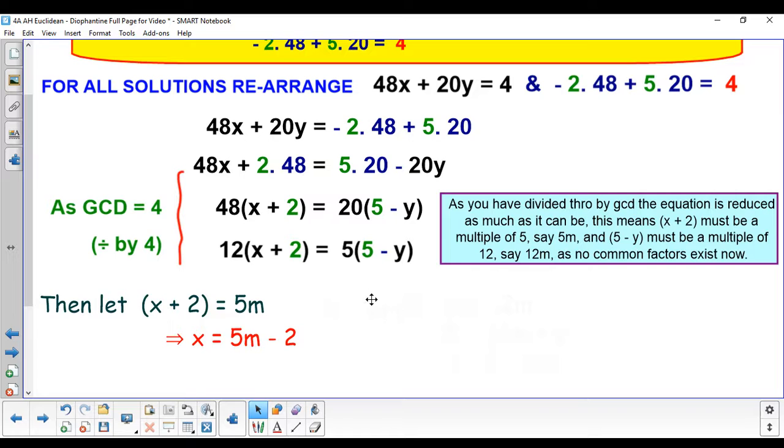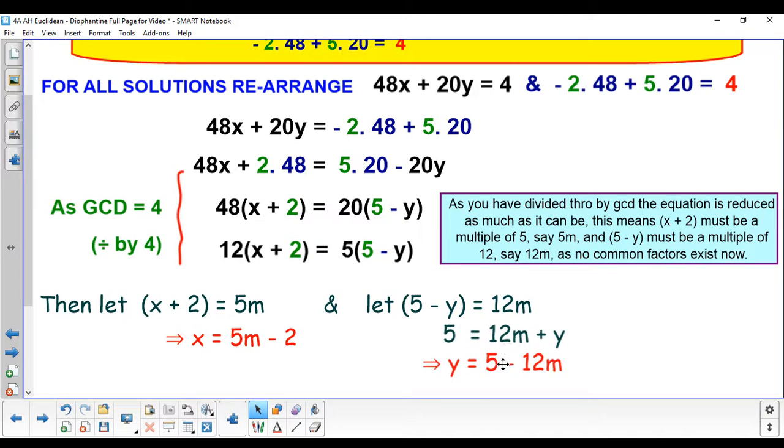And then if we have 5 take y is worth 12m, then minus y would be 12m take 5, or we could rearrange it so that y equals 5 take 12m. So you've got 12 times 5 times something, and 5 times 12, it balances out.